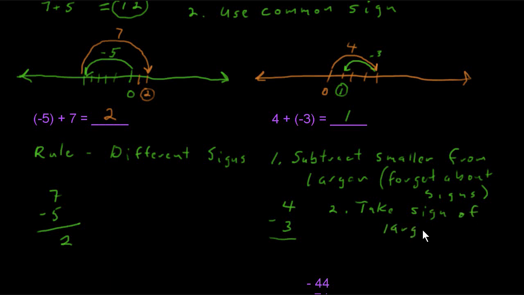Now we're going to go back and look at the signs again and take the sign of the larger number. In the first case the larger number was 7. 7 is larger than 5, so we take its sign, that's positive. So we get a positive 2 for that one. On the second problem, the 4 was larger than the negative 3, so in this case we also end up getting a positive. Positive 1 is our answer to that one.